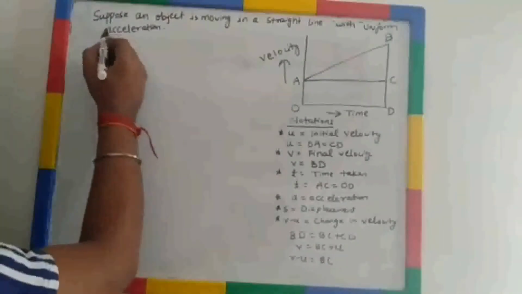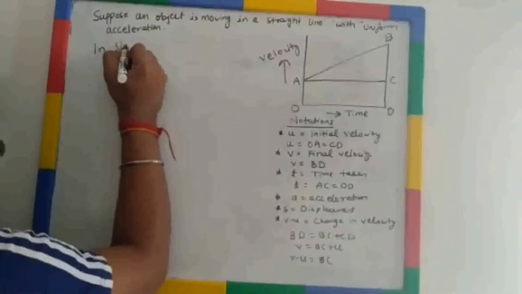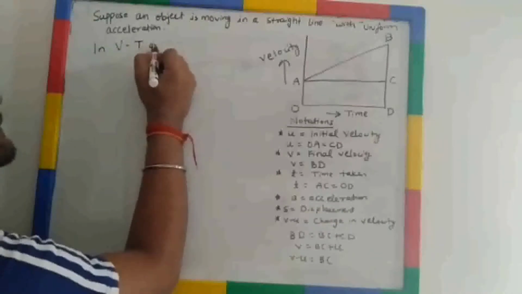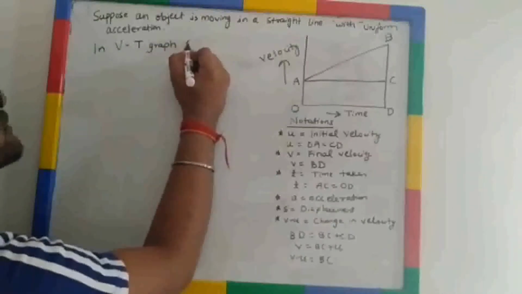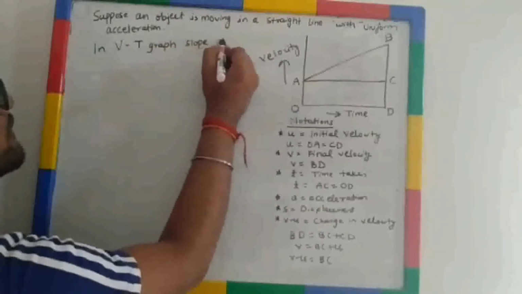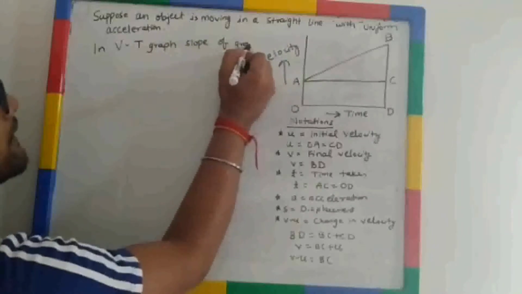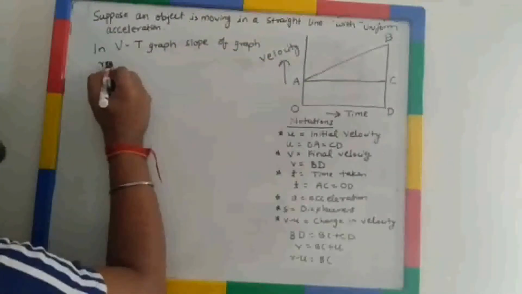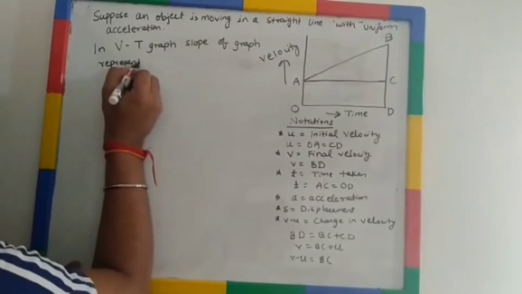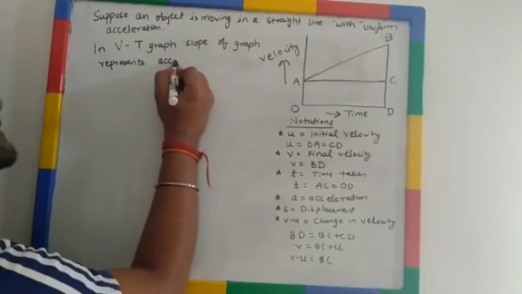So in VT, that is velocity time graph, slope of graph represents acceleration.